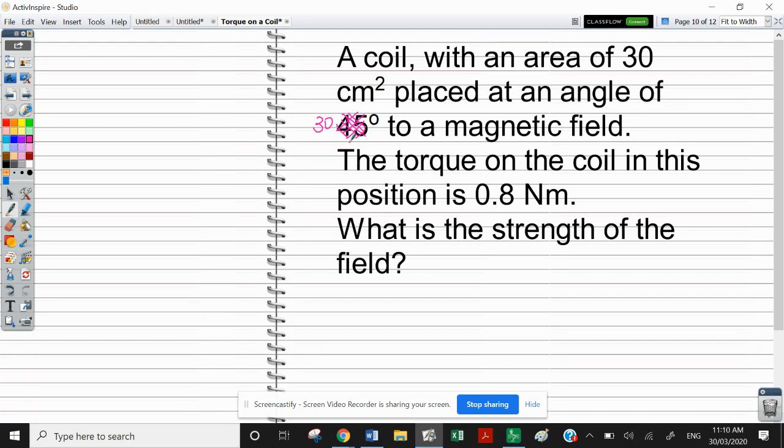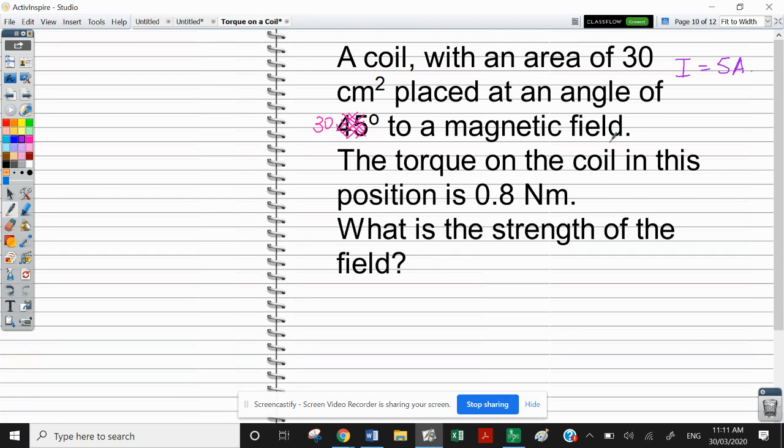I haven't given you the current again, so let's make I equal 5 amps this time. This is the angle between the plane of the coil and the field, and the torque on the coil in this position is 0.8 Newton meters. What is the strength of the field?